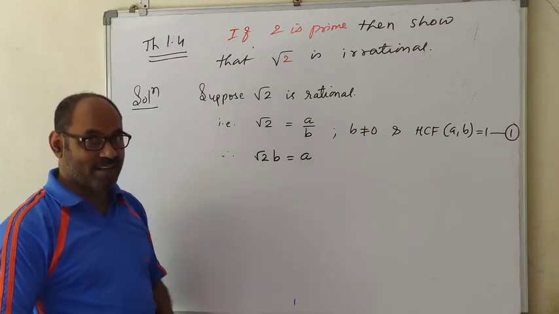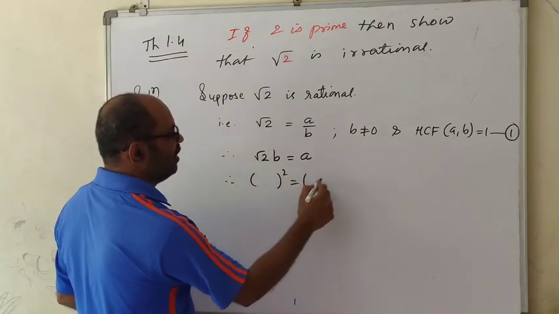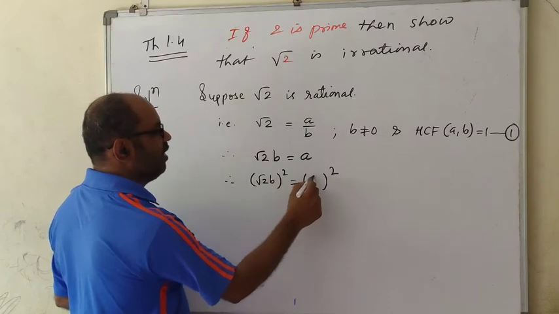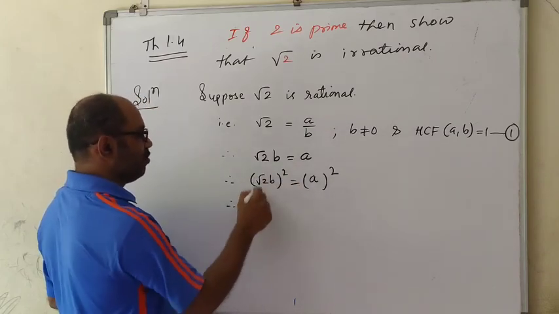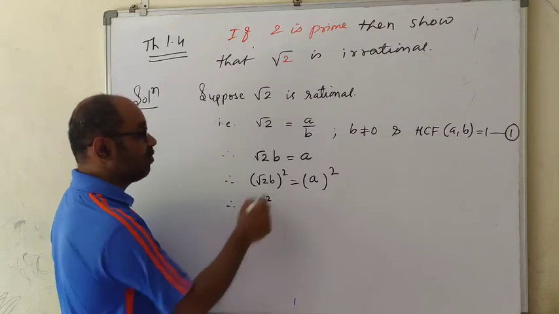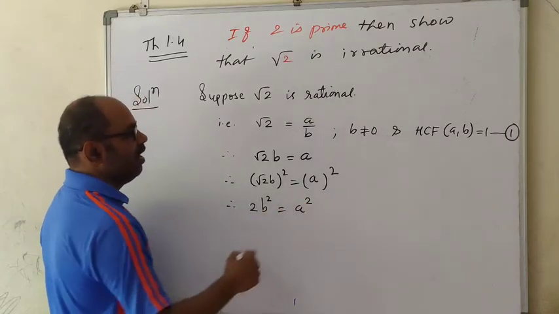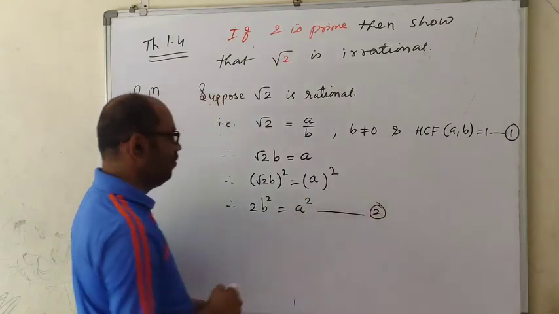This is Euclid's property. So square of left hand side is equal to square of right hand side. Left hand side is root 2 b and this is a. Therefore, square of root 2 is 2, square of b is b square, that is equal to a square. I am going to call this result 2.